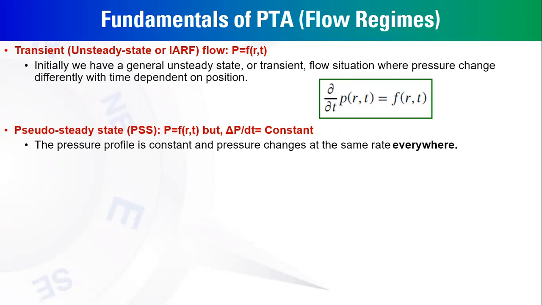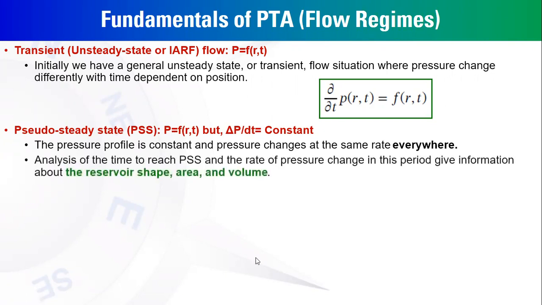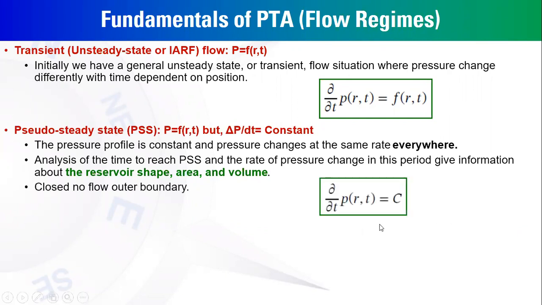That means the pressure profile will be changing across the entire reservoir at the same rate. So determination of reservoir volume and the reservoir size is one of the applications of pseudo-steady state flow or boundary dominated flow, once the pressure transient reaches all the reservoir boundaries. So in that case, as mentioned, partial P over partial t equals constant.